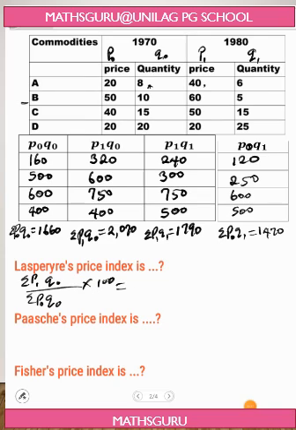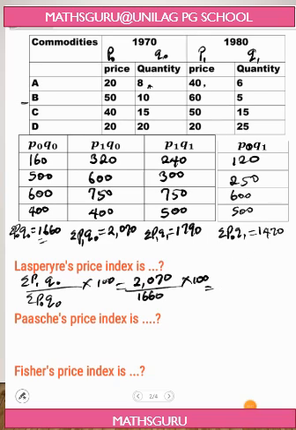We have the summation of P sub 1 Q sub 0 here, which is equal to 2070. Then we divide it by the summation of P sub 0 Q sub 0, which is 1660, and then multiply it by 100.